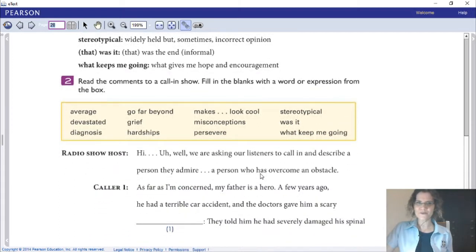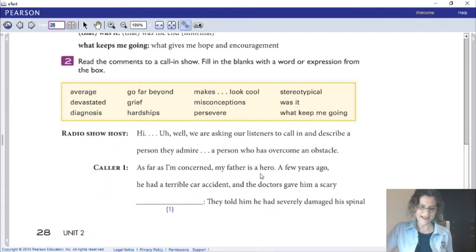We straight away will go to activity 2. Now, this is where you come in. You're going to complete this whole talk. Okay, you have a call-in show here. So these are comments to a call-in show, and you're going to fill in the blanks with a word or expression from the box. And here we've got all the words we talked about just now, and you got to place them in the correct place.